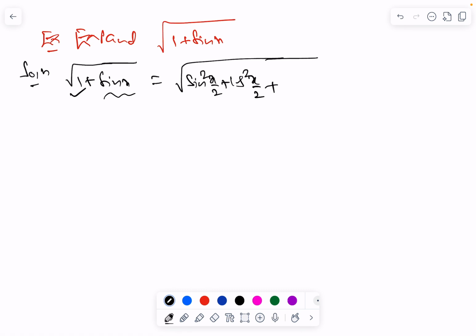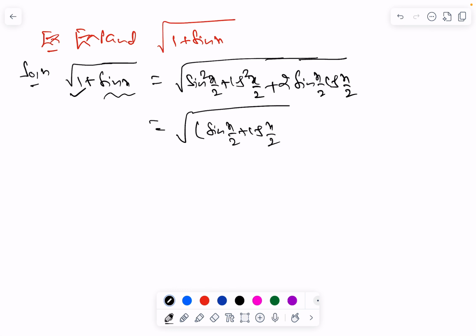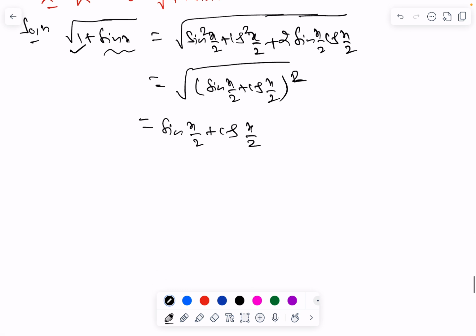So sin x is 2 sin x by 2 cosine x by 2. And so this is nothing but sin x by 2 plus cosine x by 2 whole square. And so we have sin x by 2 plus cosine x by 2.